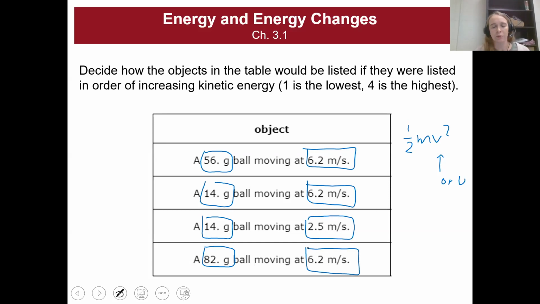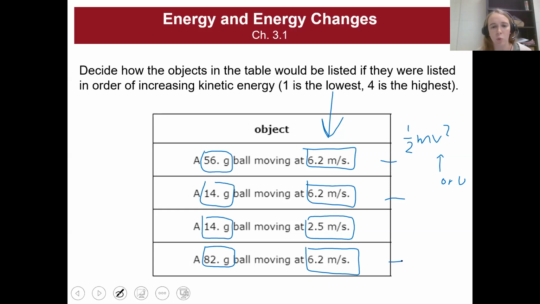Okay, so it looks to me like 6.2 is the highest speed. So I'm going to look at speed first. So these three all have 6.2 meters per second as their speed. So they're faster, and energy goes up when velocity goes up.